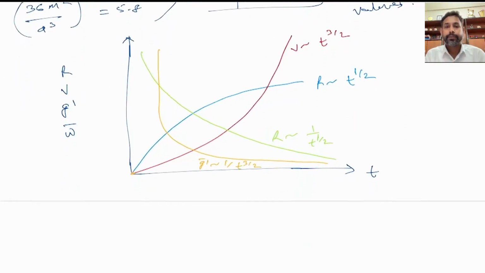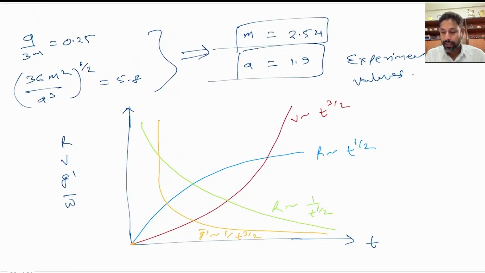Okay, so here we end the plume part, and next we will go to the gravity current, which is also a buoyancy driven flow, but it is of a little different kind.